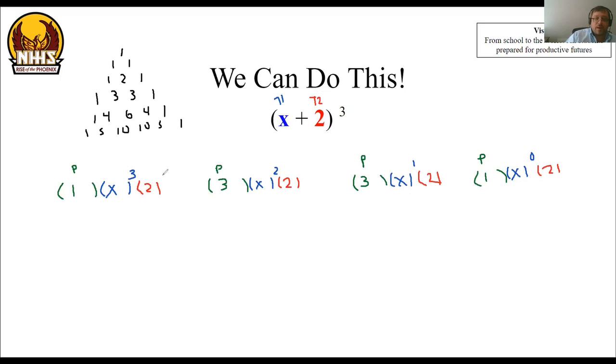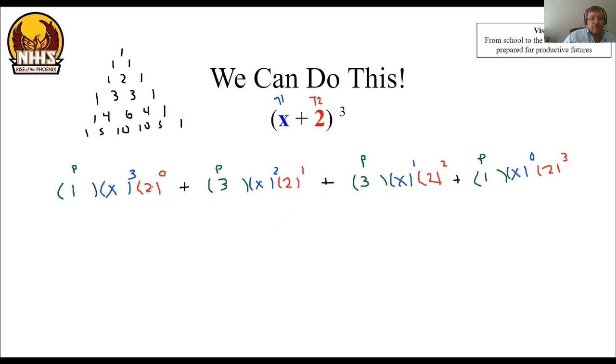It's 3, but I'm going to go backwards this time. 0, 1, 2, and 3. I'm going to add my plus, plus, plus. Someone may say, well, when is it negative? Well, I would just put the number in here. For example, if this was negative x, put the negative in here, and it'll work out to be minus on some of them. If this was negative 2, put the minus in there. Sometimes the number will be subtraction, but it's easier right now just to put positive.